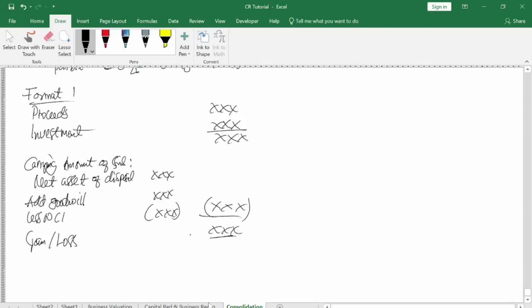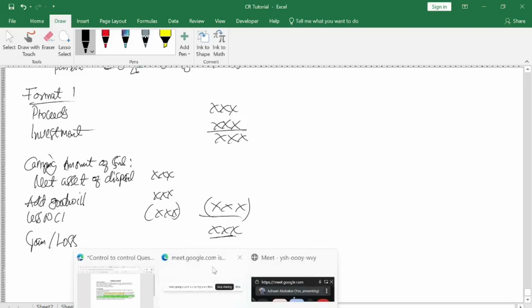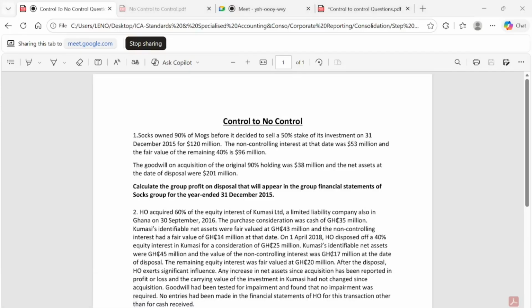All right, let's look at the first question. Sox owned 90% of Mox before it decided to sell a 50% stake of its investment on 31st December 2015 for 120 million. The non-controlling interest at that date was 53 million, and the fair value of the remaining 40% is 96 million.